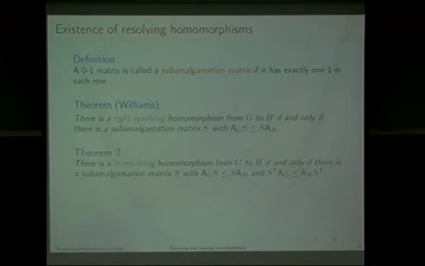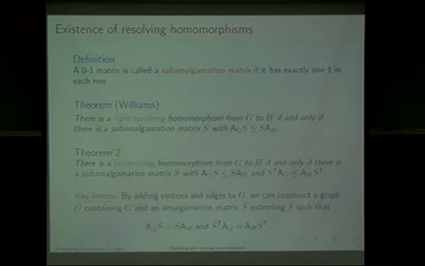Even though a bi-covering homomorphism is a special kind of bi-resolving homomorphism, to prove this theorem the idea is somewhat different. The key lemma is as follows. To show the existence of a bi-covering homomorphism, we inductively deleted edges.